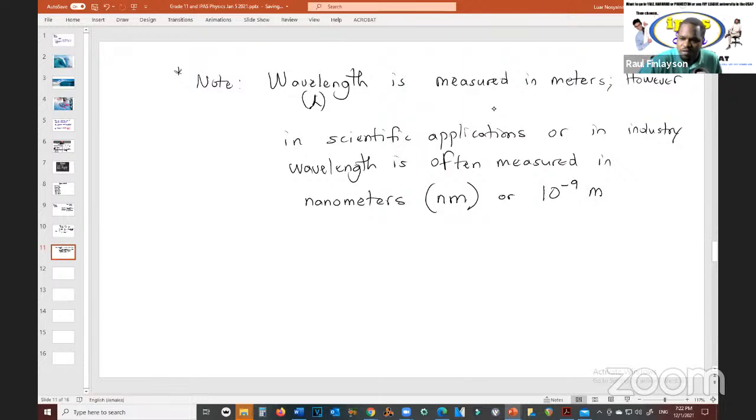So that's basically what it is. All right, so that's wavelength, the importance of wavelength.